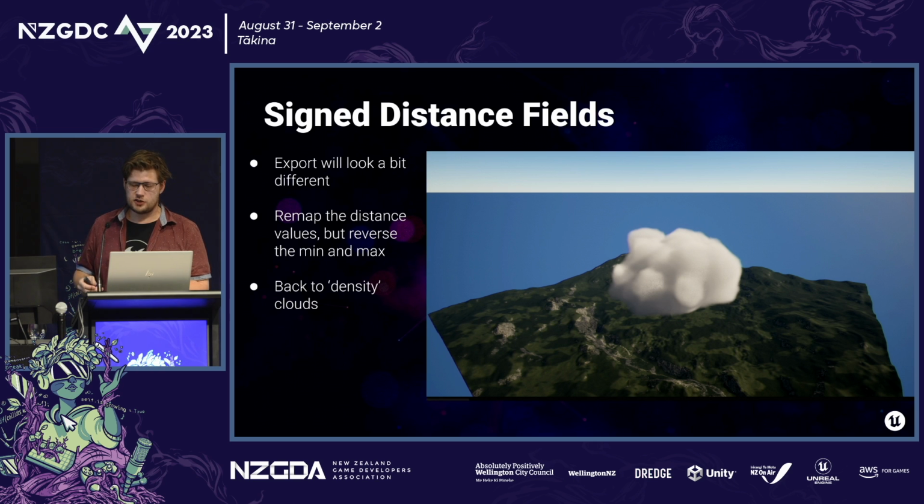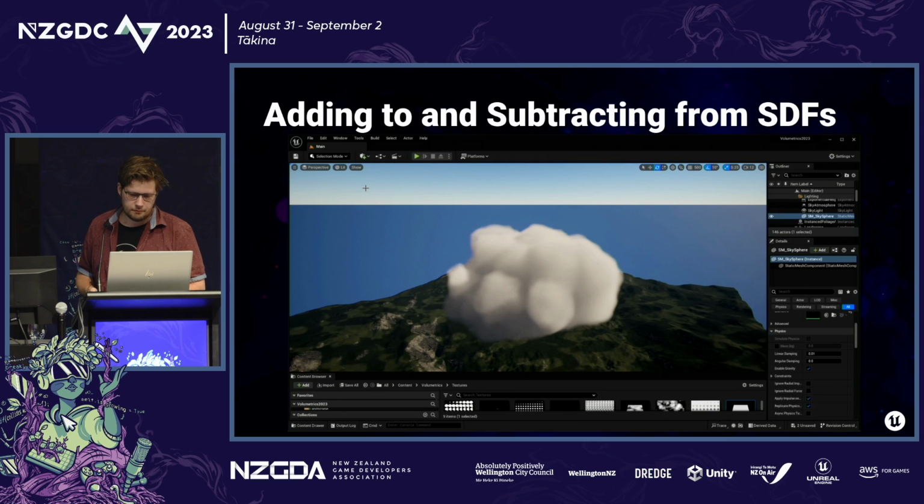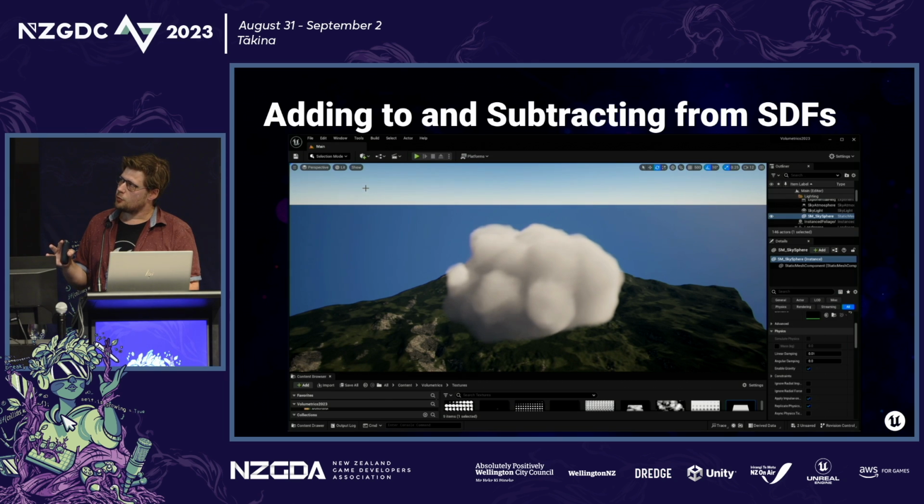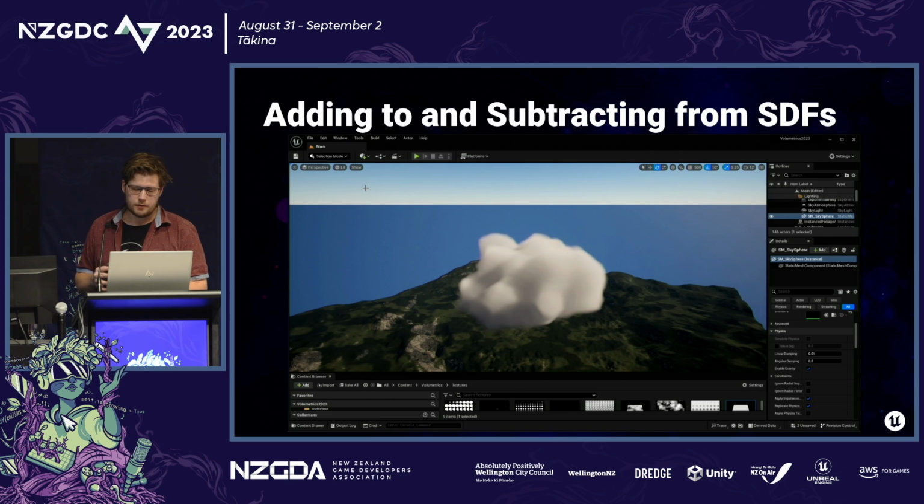So that essentially allows you to turn a distance field and convert it into a density field. And that's one way to get these shapes into Unreal. Another nice benefit of that is that you can actually add to and subtract from these distance fields. They give you a bit more flexibility than density fields, which are fixed in place, whereas here you've got some variation where you can contract and expand them.